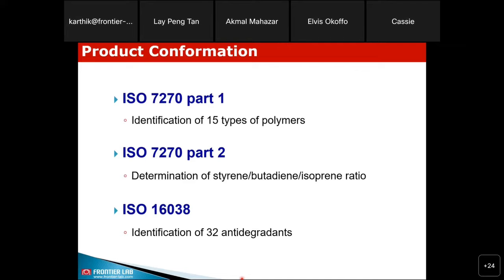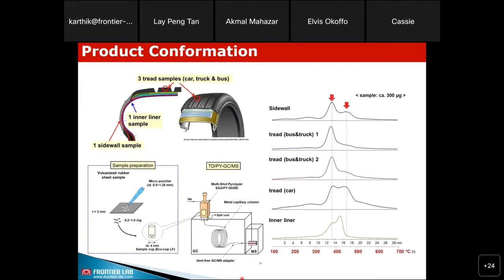This is almost a similar approach to what I have just shared. We have taken tire samples from car, truck, and bus. Again, within the tire, as we know, we have to take different parts of the tire to look at this composition: sidewall, thread, and inner liner.